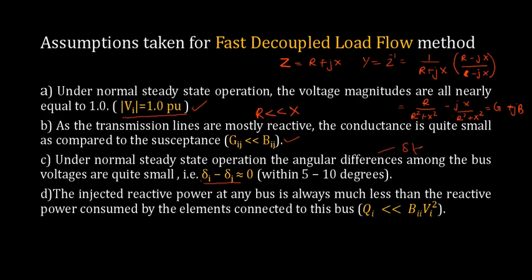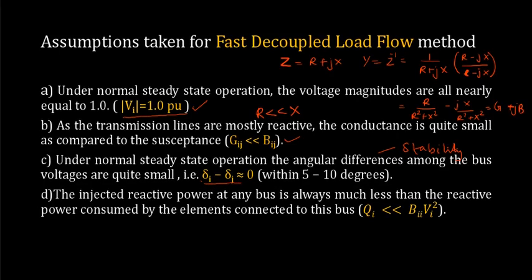In order to maintain stability, we need to keep the difference between voltage angles very small. So based on that concept, we assume that the difference between the voltage angles of two buses is approximately equal to 0.